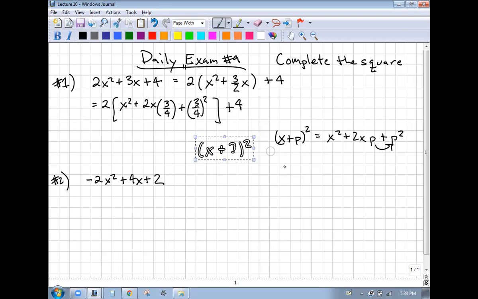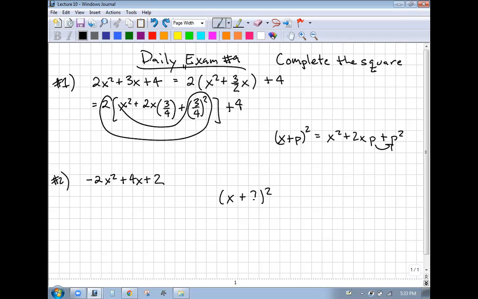But I can't just put this here. I can't just add something if I'm going to maintain equality, right? So what did I just add in? I added that squared, so I also need to subtract it. Again, I've got x squared plus 2x times p plus p squared in there. So that's why you rewrite it like that.